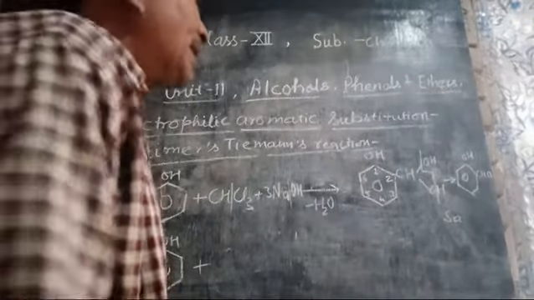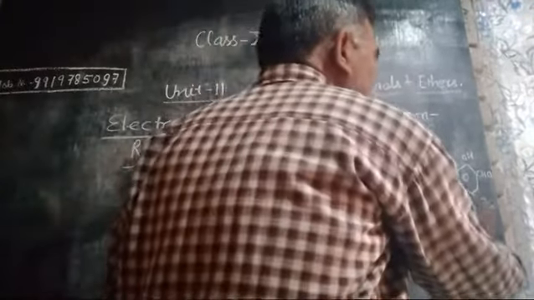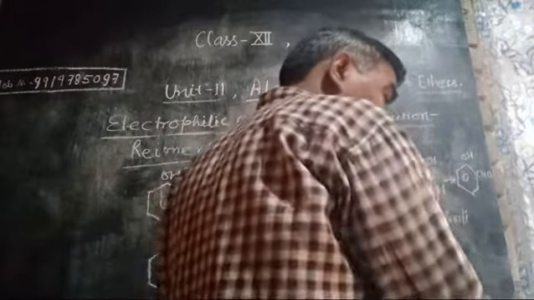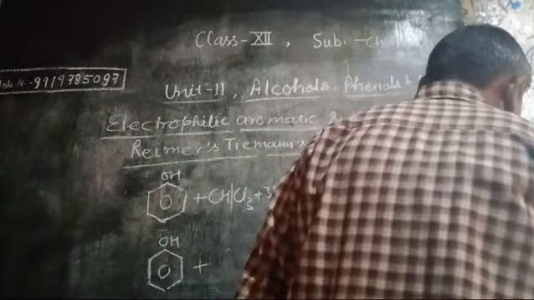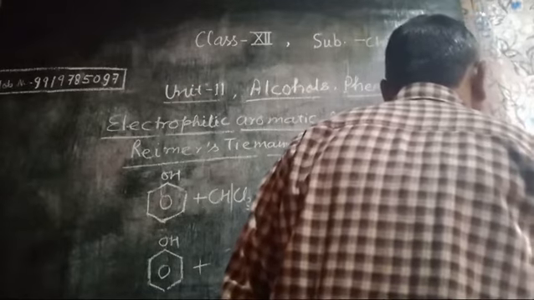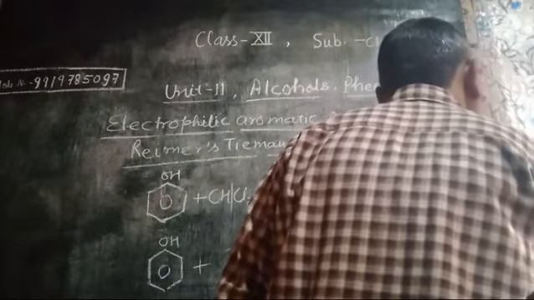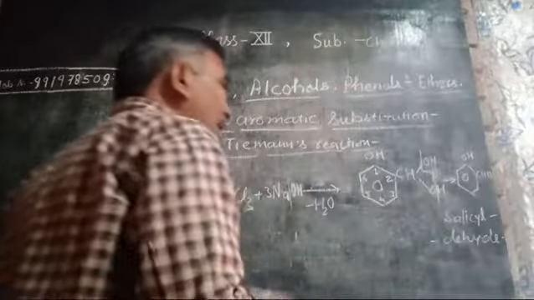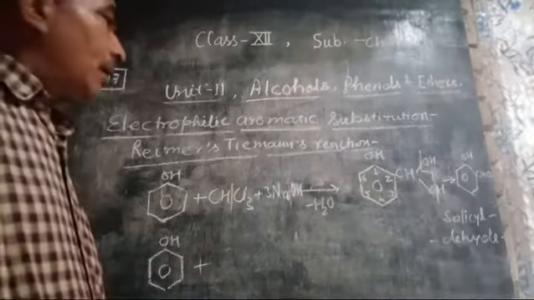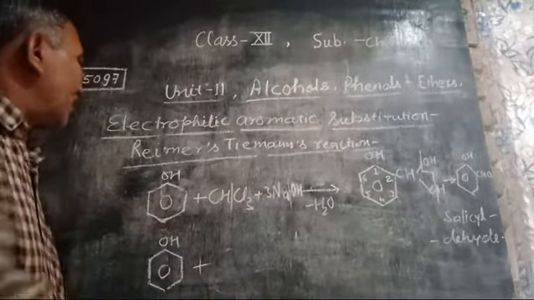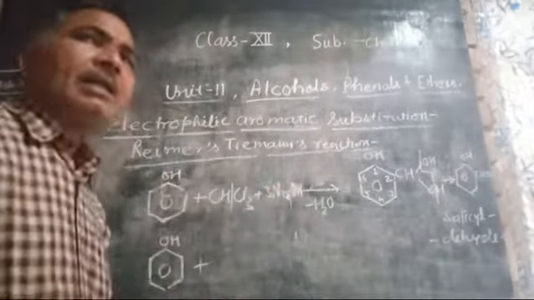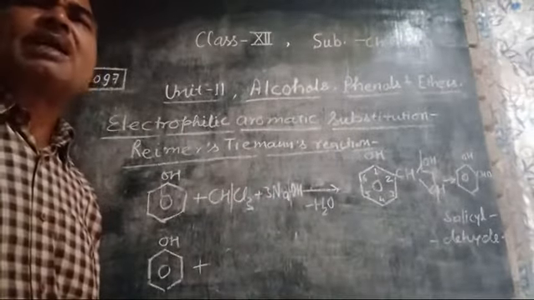And one of the most important compounds is also formed, that is called salicylaldehyde. Salicylaldehyde is formed from phenol. The Reimer-Tiemann reaction is when phenol is treated with chloroform and alkali. In place of NaOH, you can use KOH also.